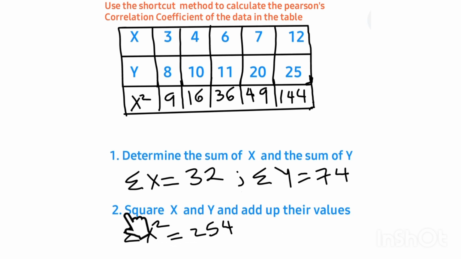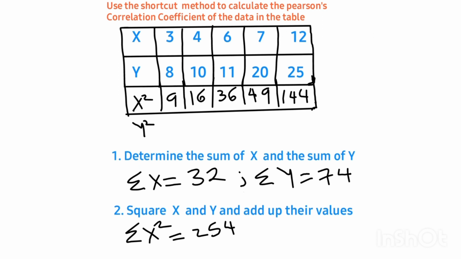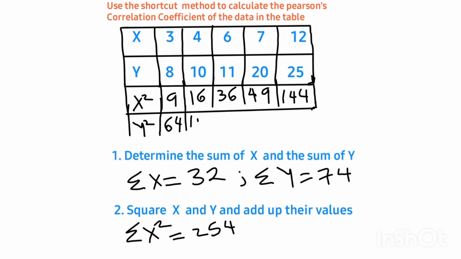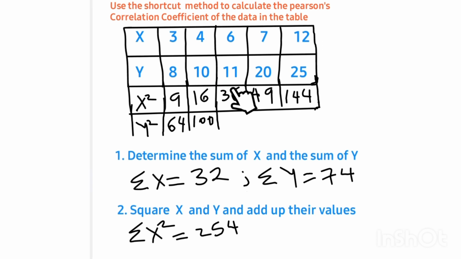We also expected to get the square of Y, right? So we create a column for Y square. And here we go. The first value of Y we have 8, and so the square of 8 gives 64, followed by 10 square of 100. 11 square, of course, that gives 121. 20 square, 400.